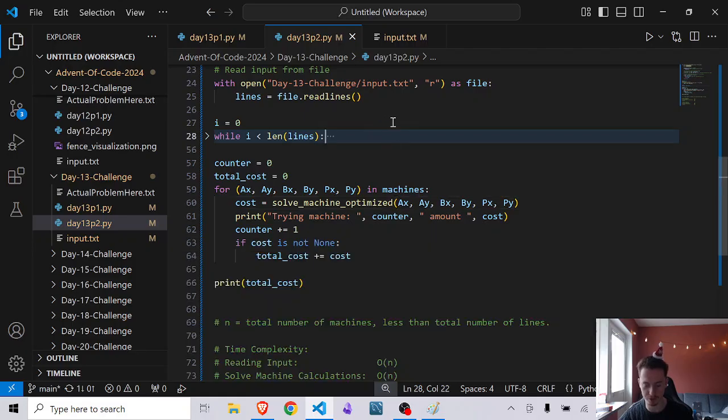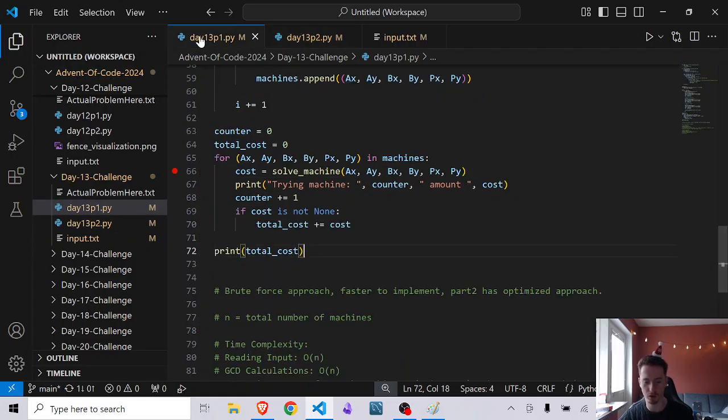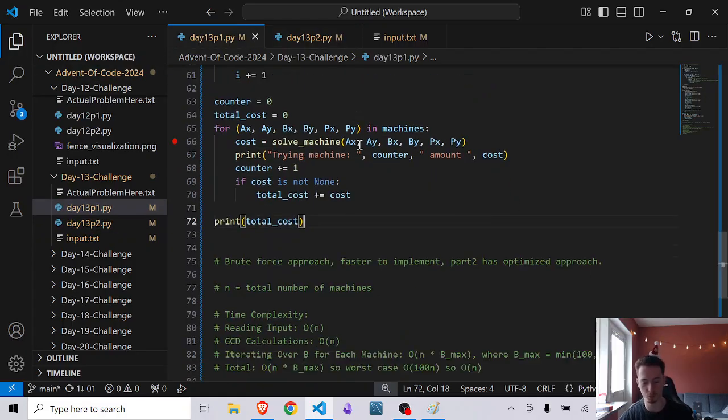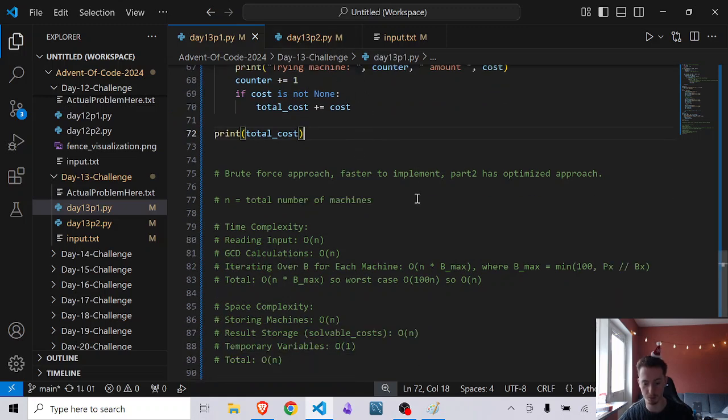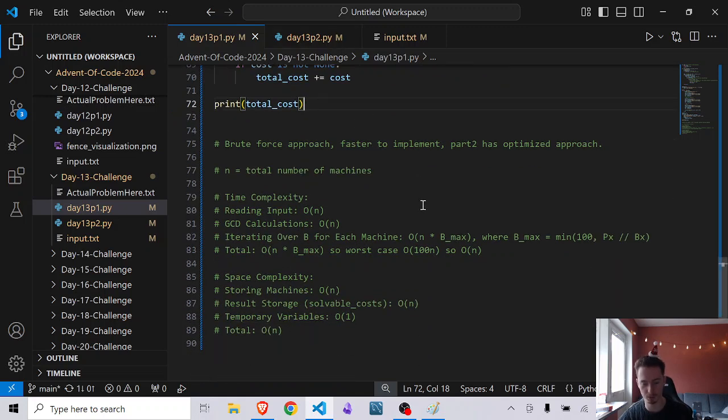So this was a lot faster, but now to talk about the time complexity of part 1, it's slower than part 2 actually, just because of how we implemented it. The time complexity is n times b max, and b max is however much px divided by bx is. So how many times bx fits inside px.